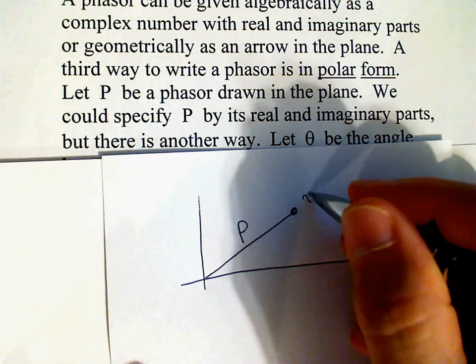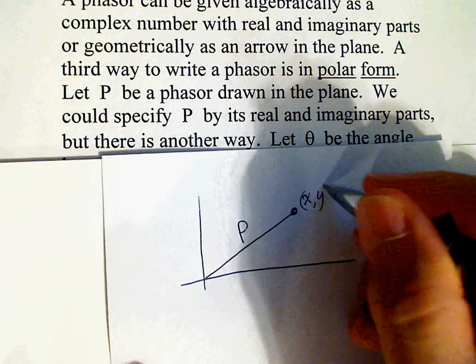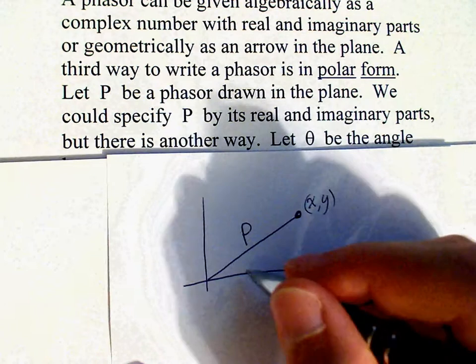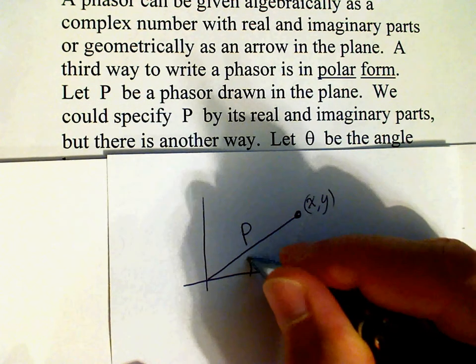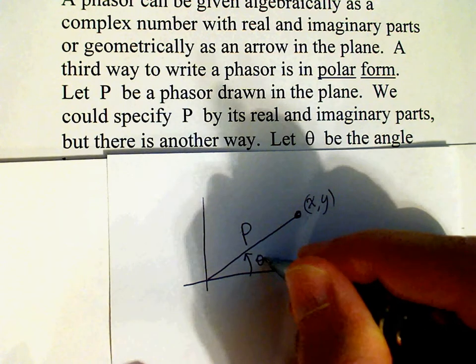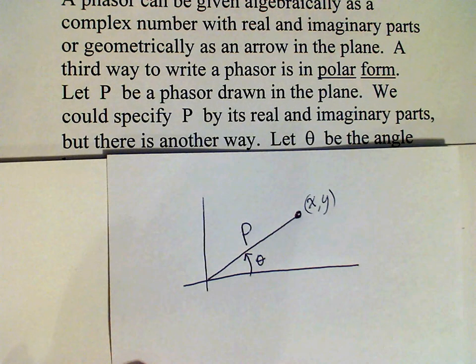Well, this point is x, y, and so the real part is x and the imaginary part is y. But there is another way to give this phasor, and that is using its length and the angle that it makes with the x-axis.